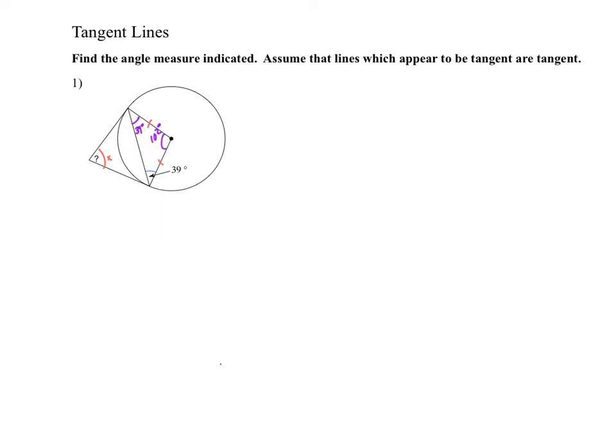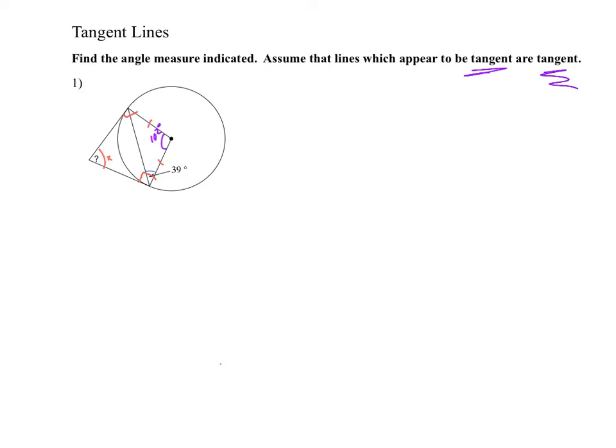Now, let me erase this one so you can see it. It says to assume that the lines which appear to be tangents are really tangents, so I know that this angle right here is 90 degrees, and this angle here is 90 degrees.